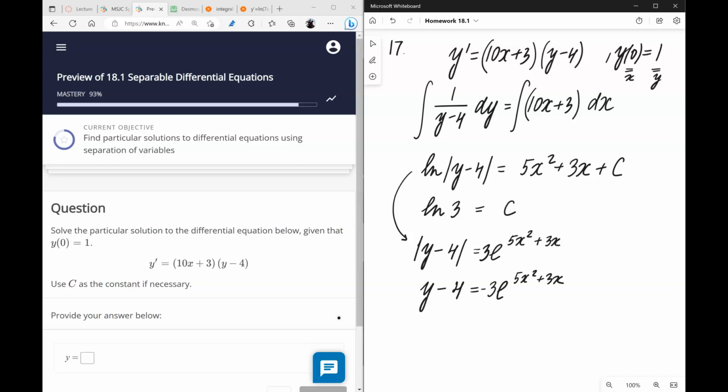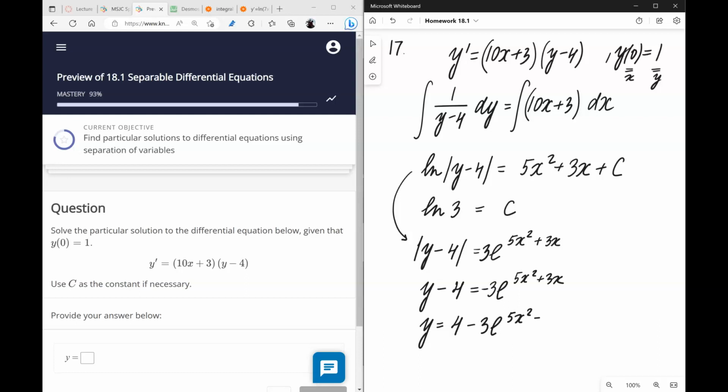And then y will be equal to negative 1 then, right? So it's not going to satisfy the initial condition. So it has to be positive over here. And finally, y would be equal to 4 plus... actually, no, hold on. It has to be negative over here, right? So in order for the initial condition to be satisfied, this has to be negative.